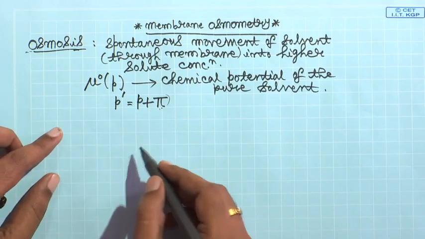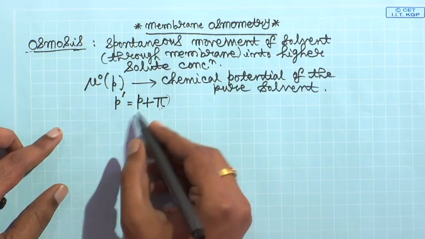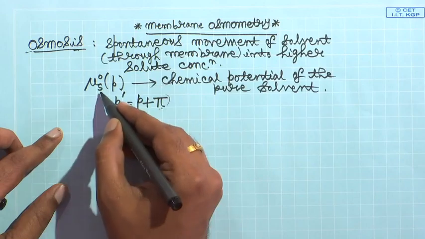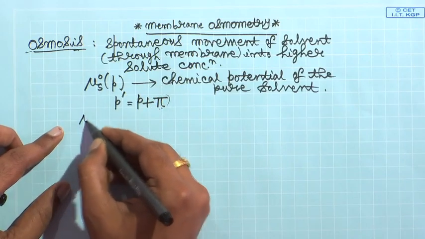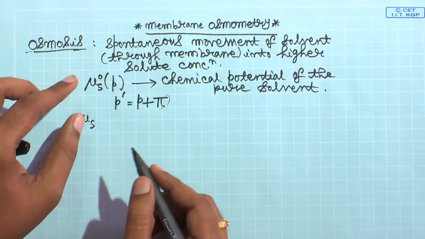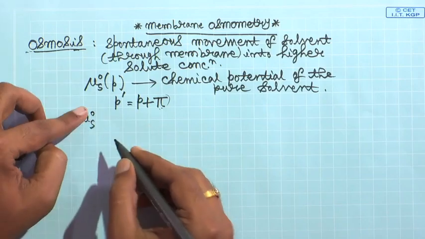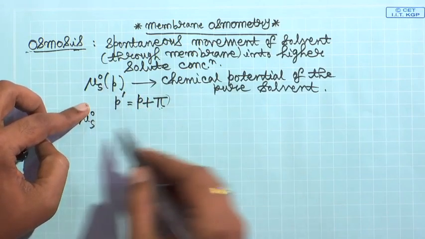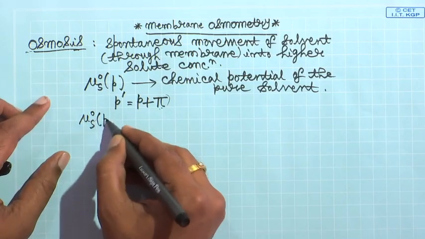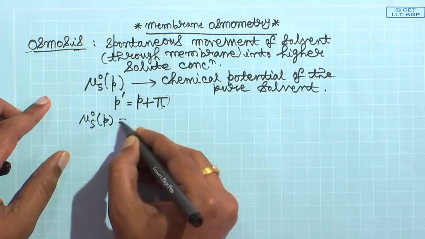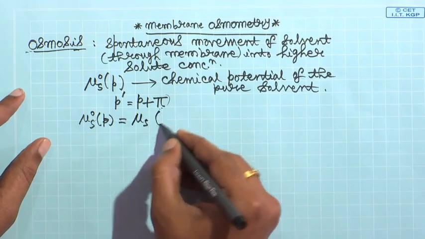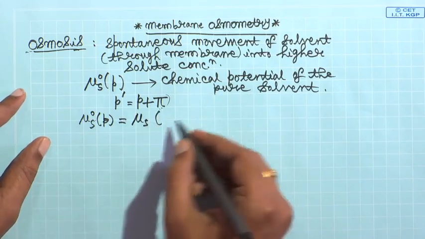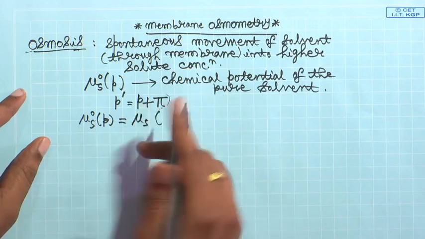Now, under equilibrium condition, I am just putting this mu s, s as the subscript which is your solvent. So, under equilibrium condition, mu s 0 P, 0 means this is a pure solvent, P is equal to mu s. I am just putting here in the bracket some terms to designate which side it is.